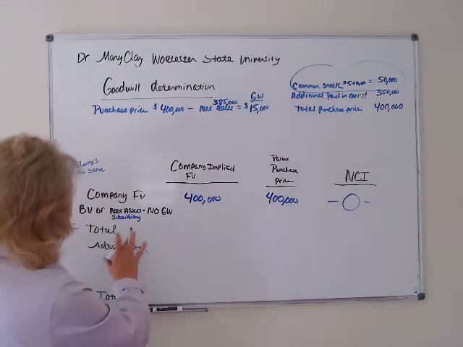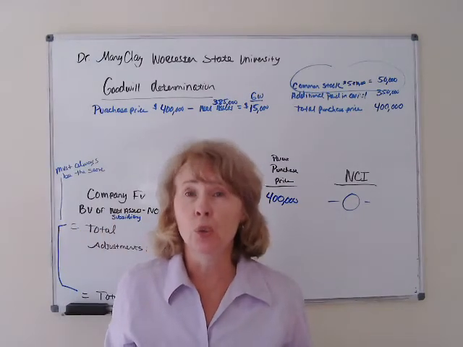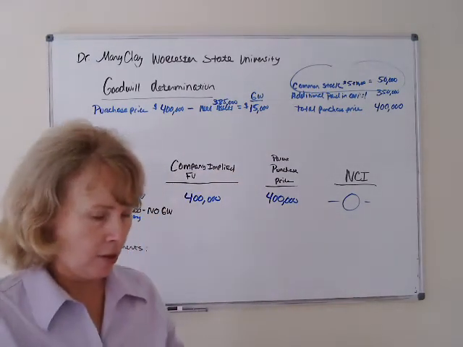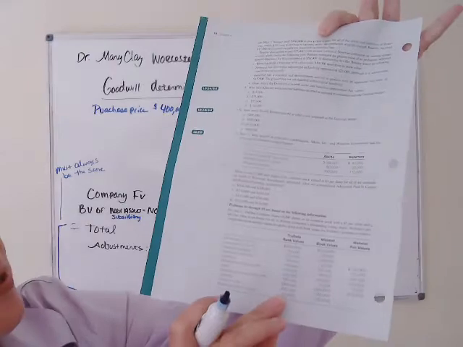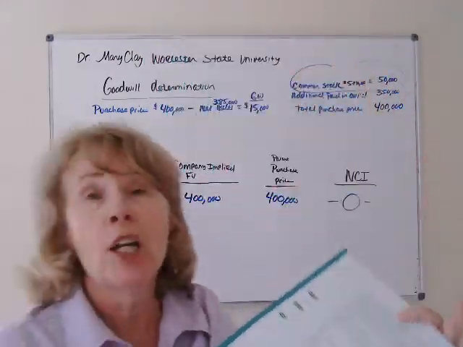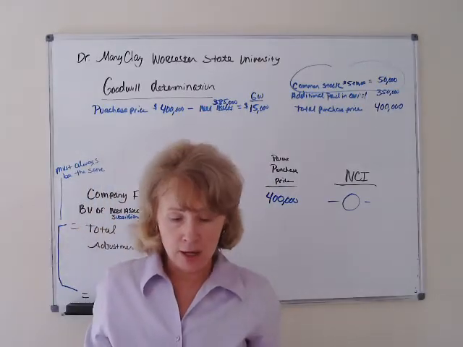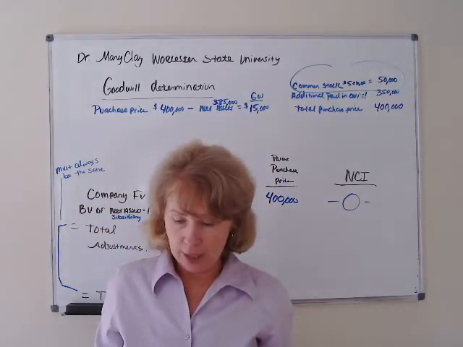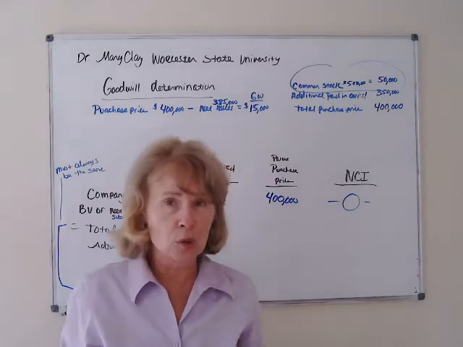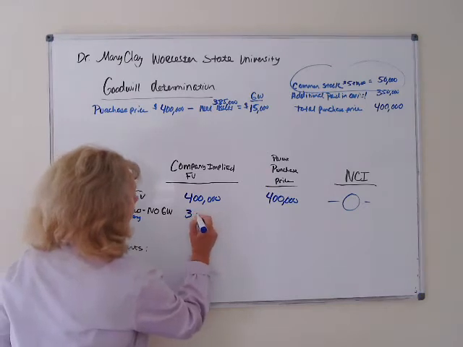All right, next, you're going to figure out the book value of the net assets. Let me show you. The book value, you can't really see it. The book value you're going to get from the book value category only. Don't look at fair value for this particular analysis. When you total those up, you will notice those equal 300,000.